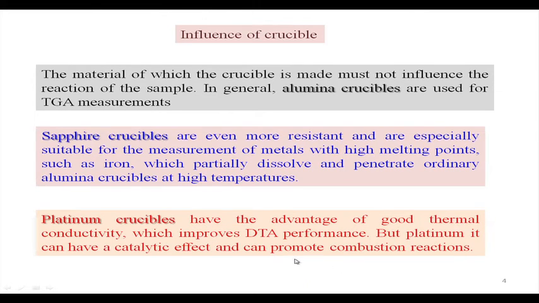We know this from the catalytic converter in cars. When we run internal combustion engines, we burn the fuel for running the engine in motor vehicles. This combustion can give rise to nitrogen oxides, and platinum can also initiate decomposition of those nitrogen oxides into gaseous nitrogen and gaseous oxygen.